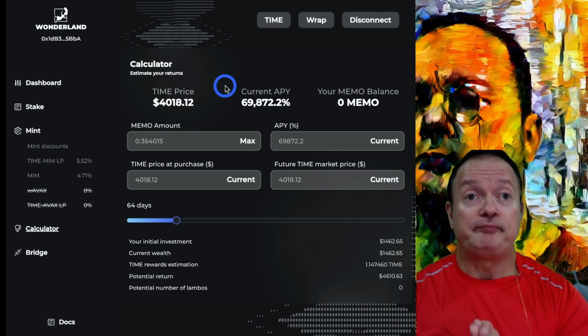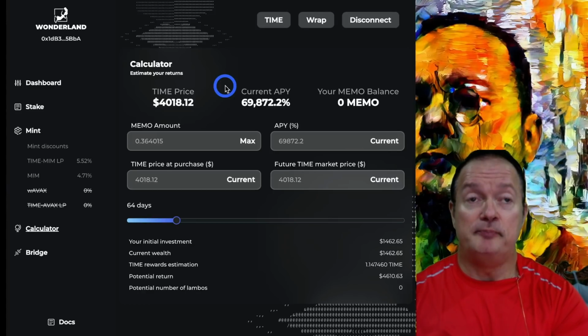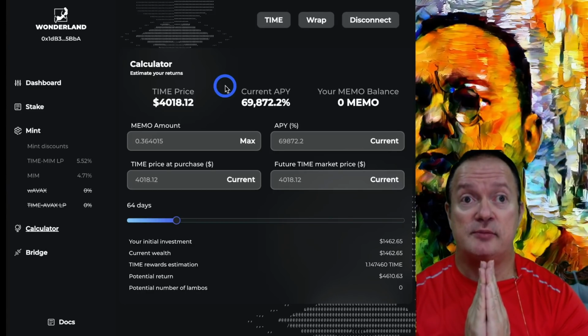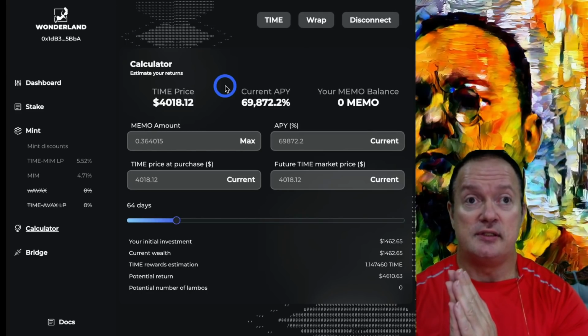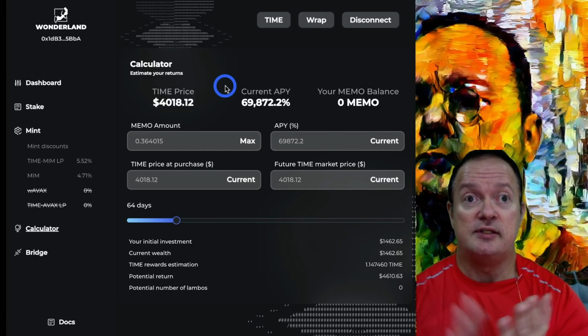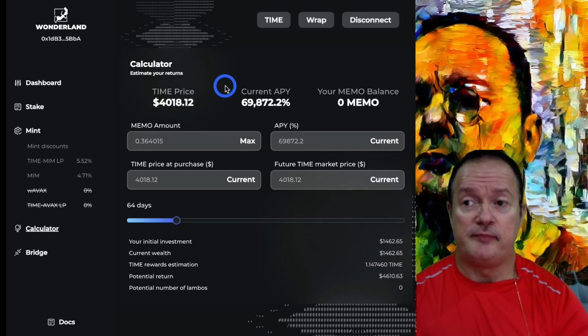At first it worked only on Ethereum, and now finally it's available on Avalanche. And since it's available on Avalanche, we can play with it using several projects, including xJOE and wMEMO, and also some tokens from Benki that we can use as well.